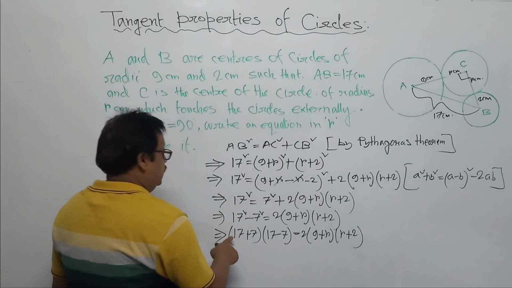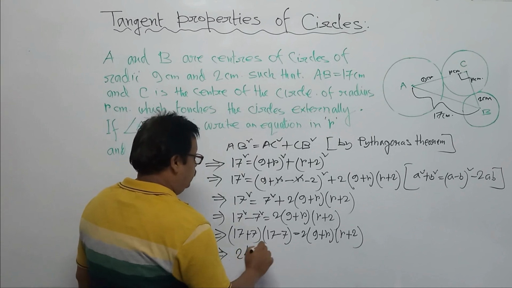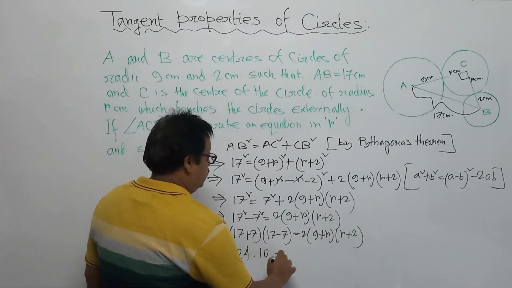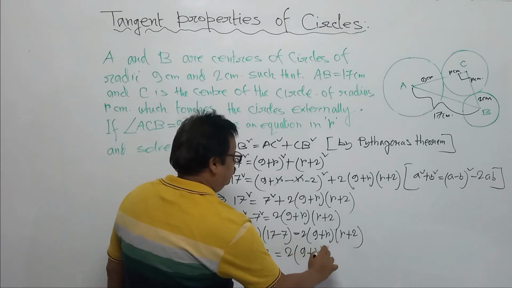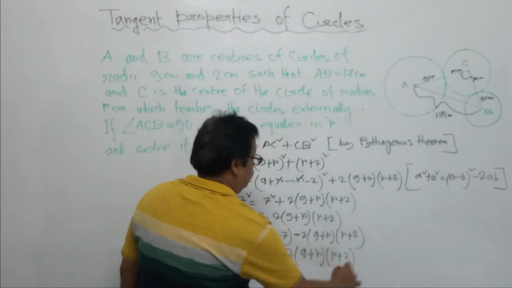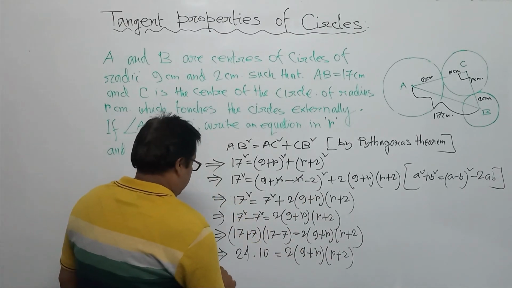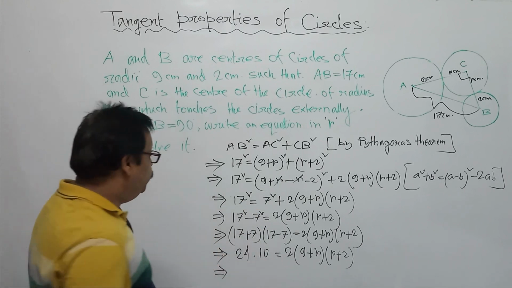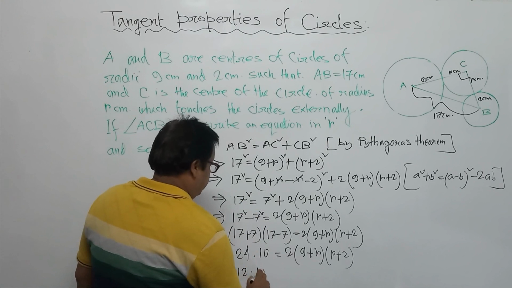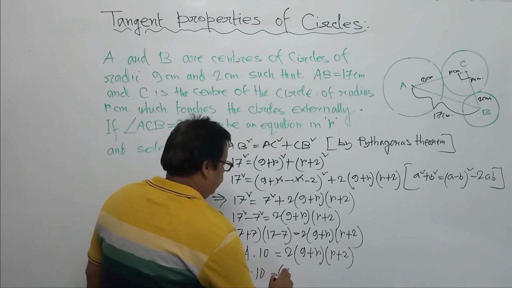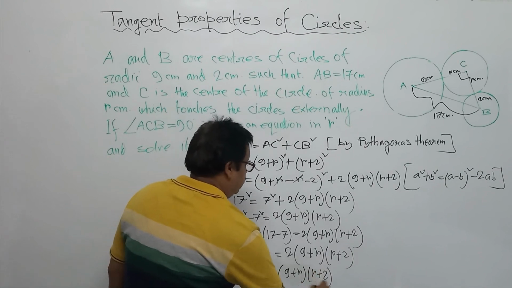This implies 17 plus 7, 24, into 10 is equal to 2 into 9 plus r into r plus 2. Clear? Divide both sides by 2. That is, you will get 12 into 10 equal to 9 plus r into r plus 2.